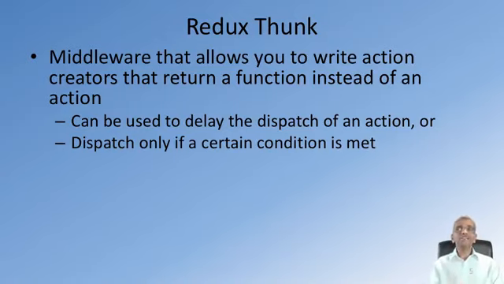Now, a thunk allows you to return a function from an action creator. When you return a function from an action creator, that function can be executed, and within that function, you can design it in such a way that you can use it to delay the dispatch of an action. So, for example, you can delay the dispatch of an action until a certain condition is met. Say, for example, if you want to do an asynchronous API call to a server, you may use a thunk in order to generate the asynchronous API call.